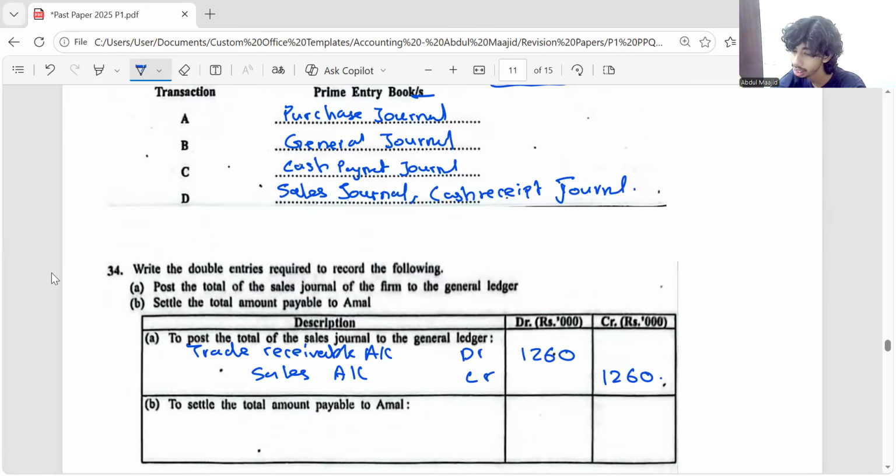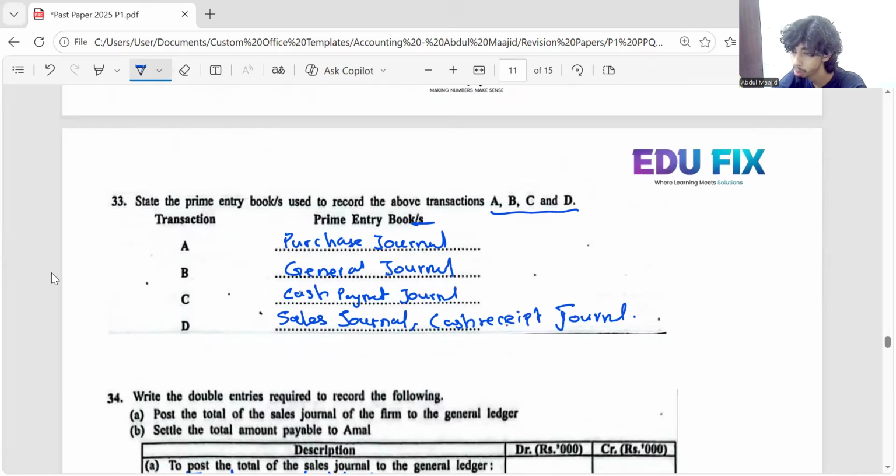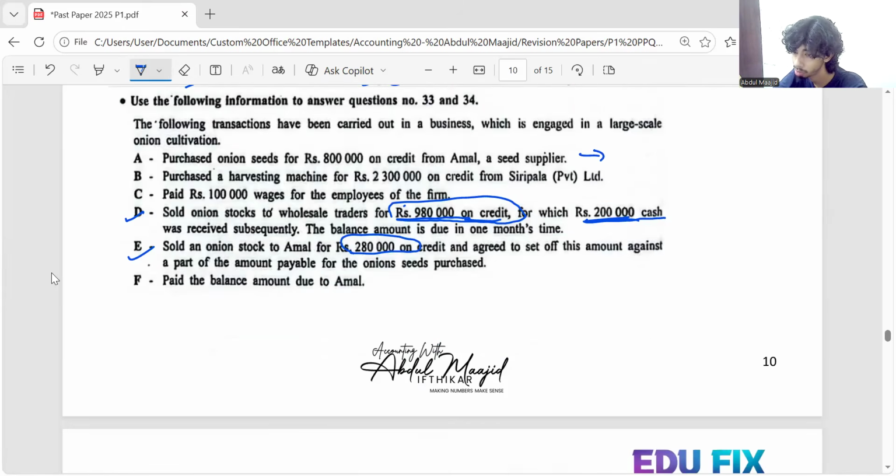Then B. To settle the amount payable to Amal. How much should we pay to Amal? We'll see what are the transactions from Amal. We purchased, here it is saying paid the balance amount due to Amal. Now see, purchased 800 from Amal. And here again we are selling to Amal for 280, right?